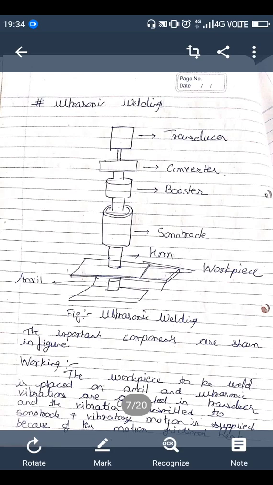Then we are going to see the booster, then horn, then anvil, then working. The workpiece is placed between the anvil and the horn, which applies clamping force. Two workpiece surfaces are held together under the pressure of the horn. The ultrasonic vibration is generated in a transducer and transmitted through the sonotrode, and vibratory motion is supplied.